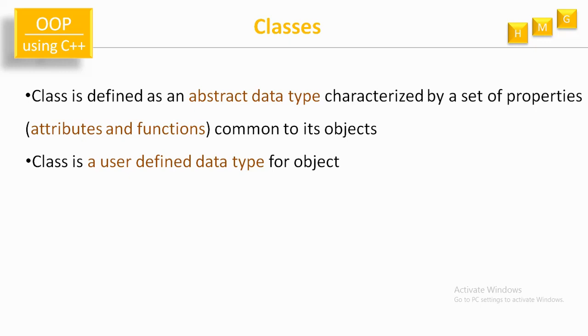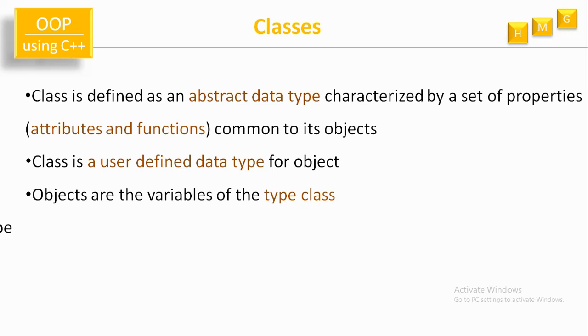Hence, the class is a user-defined data type, and it is used to declare or create the objects. The objects are thus the variables of the type class. Just like if I declare int x, you can say x is a variable of the type integer. Similar to that, the objects are the variables of the type class.